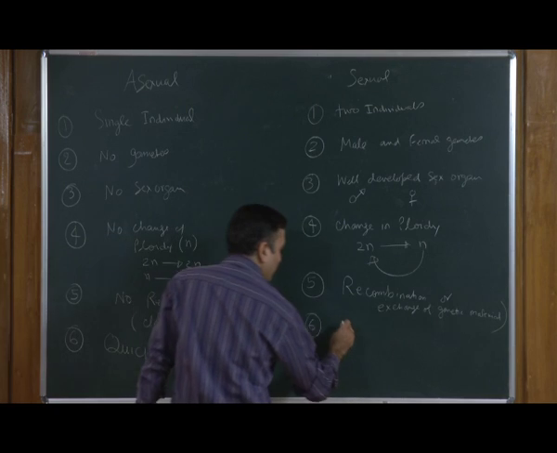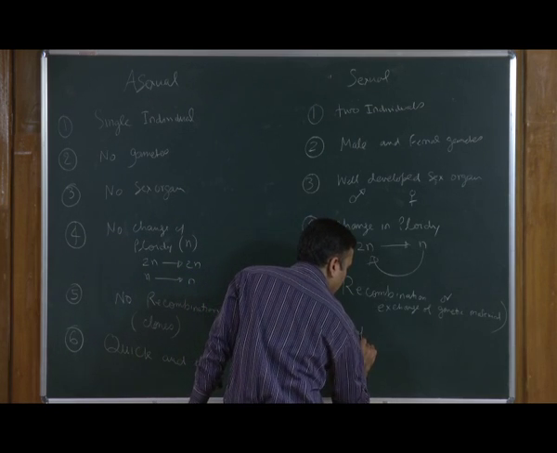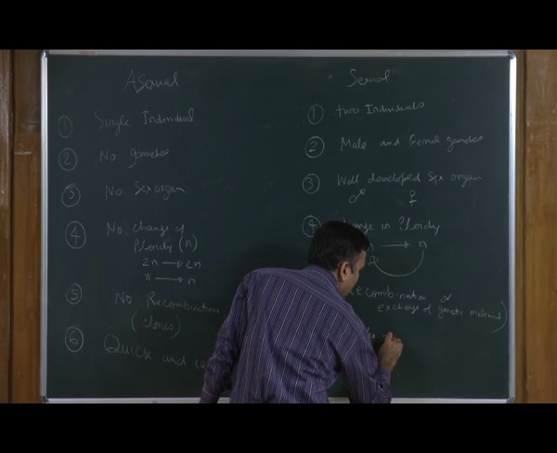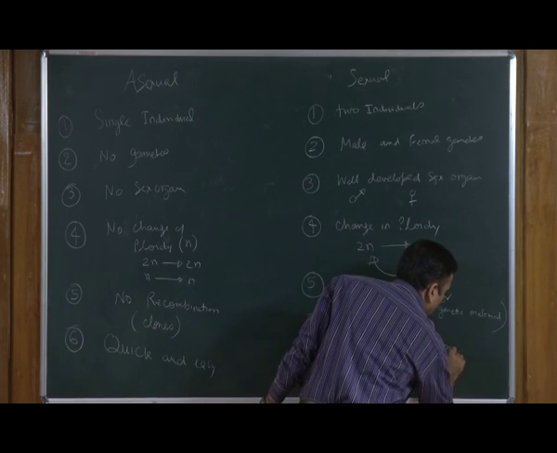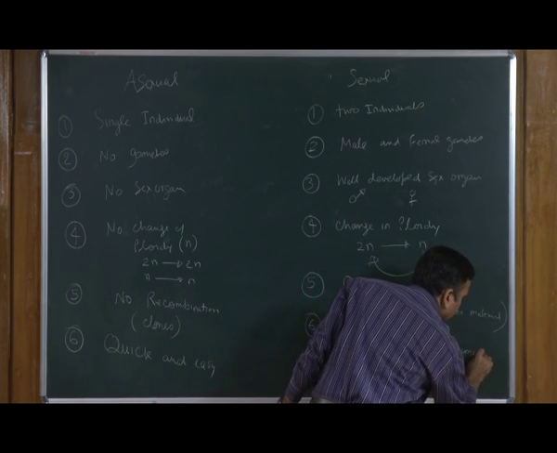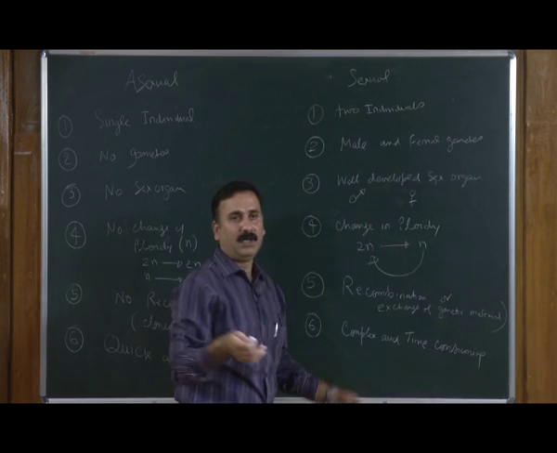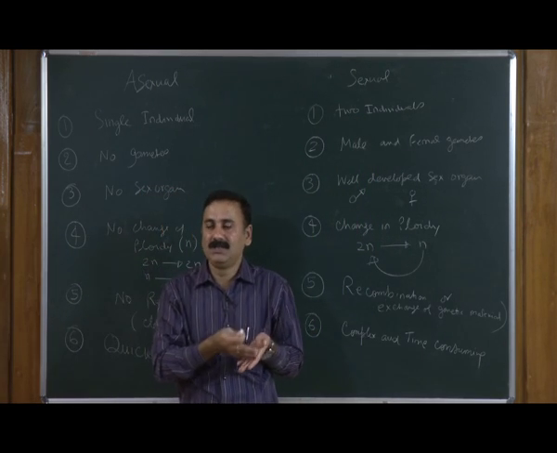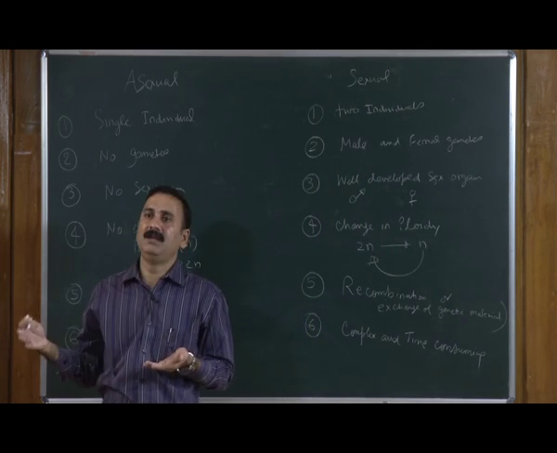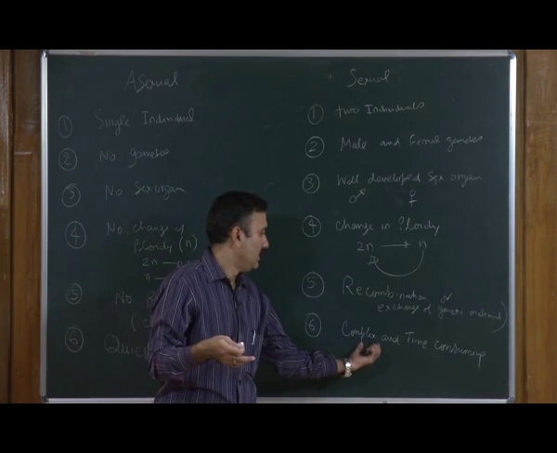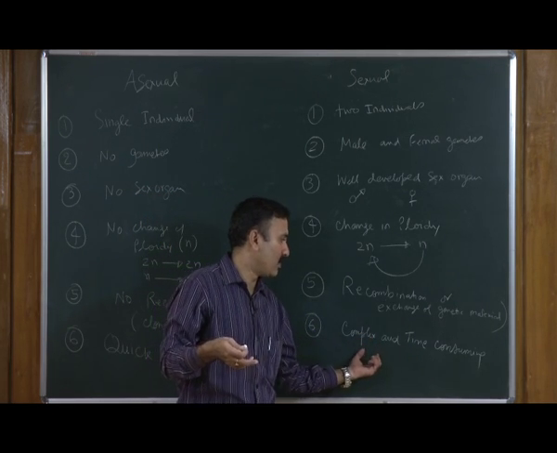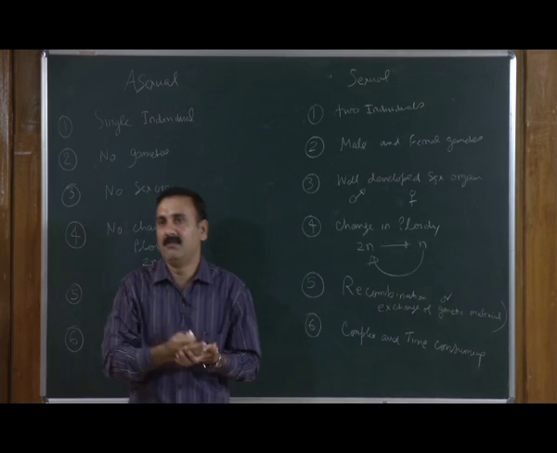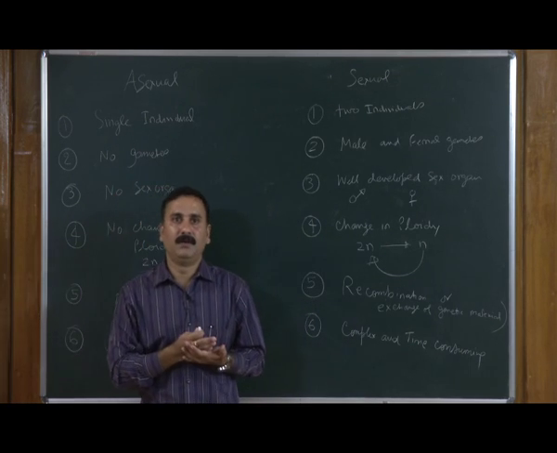So, it is going to be more complicated and time consuming, because as I said, sexual reproduction requires a juvenile stage to reach the adult stage, and only then does sexual reproduction start. So, it is going to be a complex as well as a time dependent process.